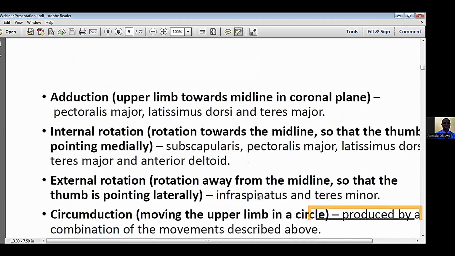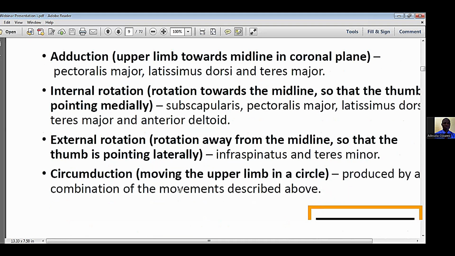Then external rotation, infraspinatus and teres minor. Then circumduction is produced by the combination of the movements described above. Most of the muscles we have mentioned are responsible for circumduction of the shoulder joint.